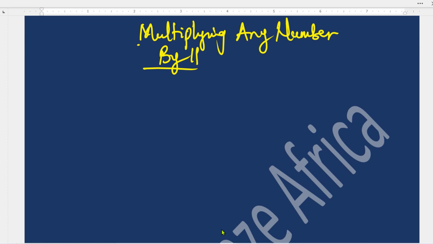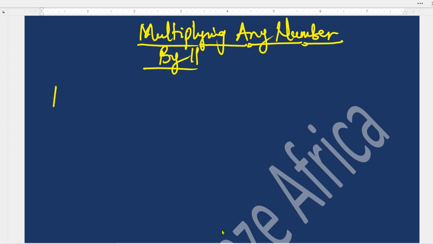The reason we are doing this is because when you're trying to find the area or perimeter of a circle, there is a place where you'll be asked to multiply by 22. And 22 is a multiple of 11. So if you know how to multiply by 11, you'll be able to multiply by 22.